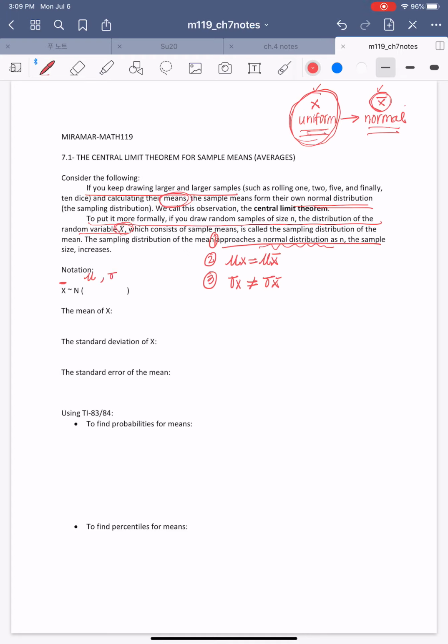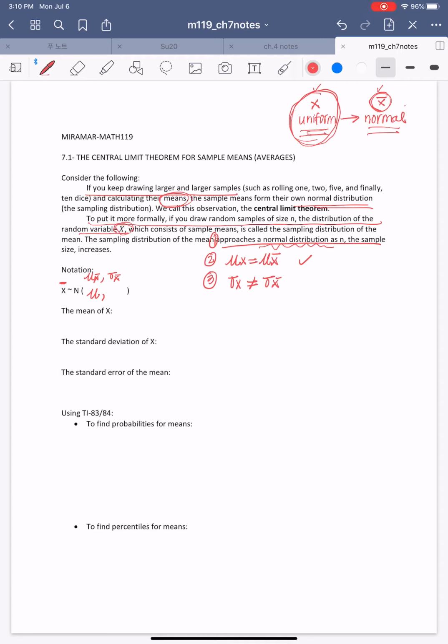Here's the notation that I want you to be careful with. I'm going to use subscript x bar, because I'm dealing with x bar. So your variable should have an x bar. Now, what is the mean of the sample mean? That's actually the population mean. The mean didn't change.